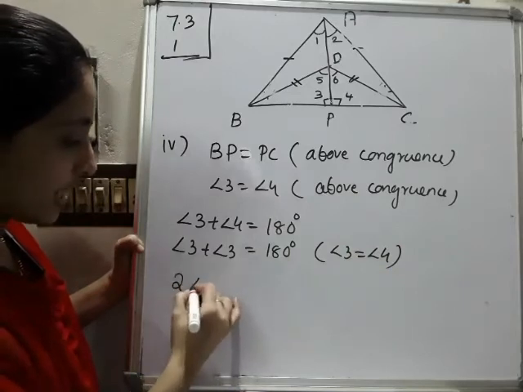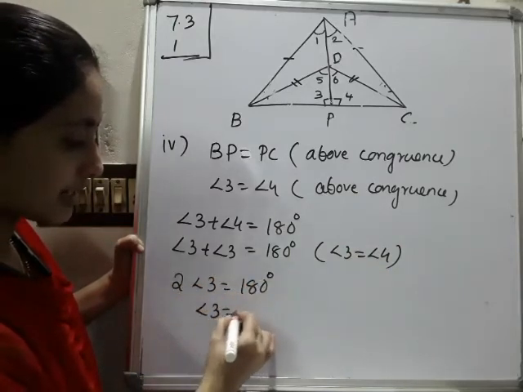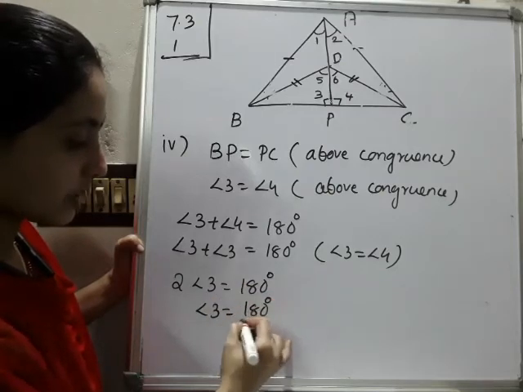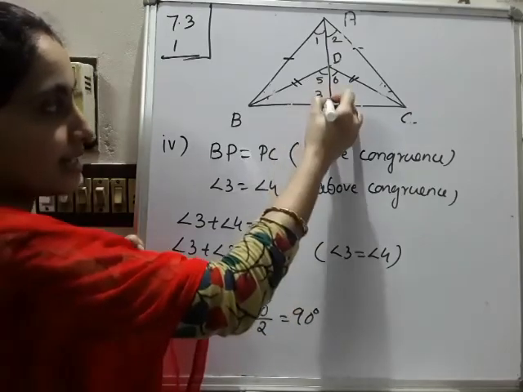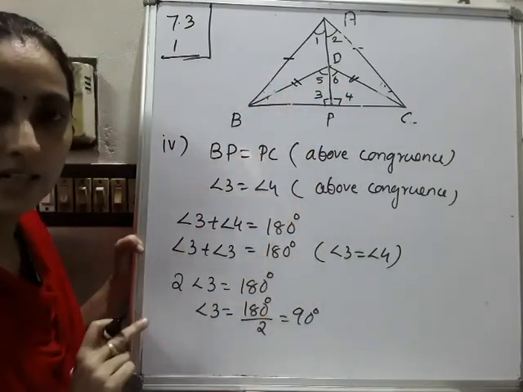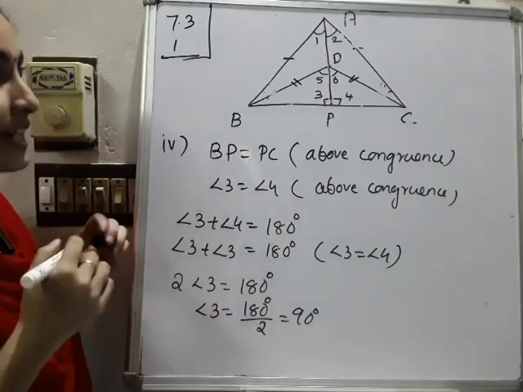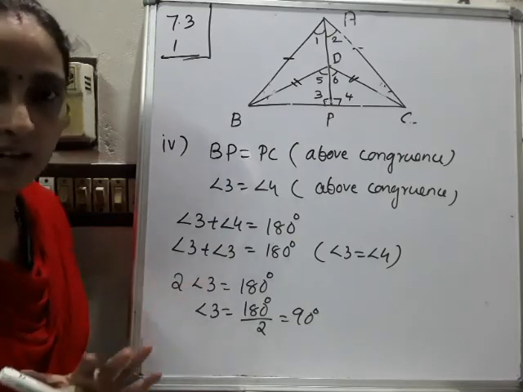So we can write 2 times angle 3 is equal to 180 degree. So angle 3 is equal to 180 degree by 2, that is equal to 90 degree. So we got this angle as 90 degree, that is perpendicular we got. And also bisector by the above congruence. So we can write AP is a perpendicular bisector of BC.